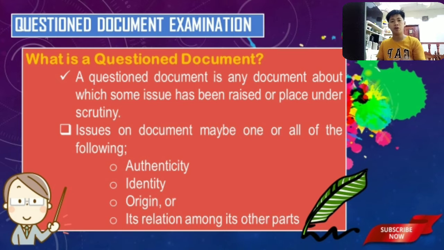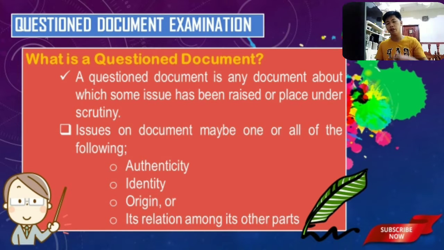authenticity. Tunay ba yung dokumento na yan? Like for example, yung sinabi ko kanina, my driver's license. If they question the authenticity of this, then that's an issue which could make my driver's license a question document. So for example, your diploma.